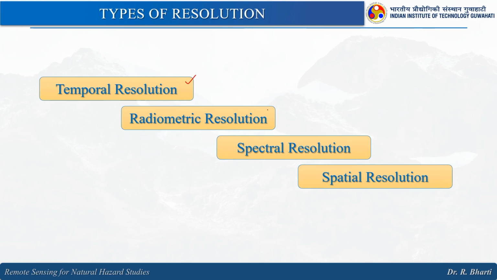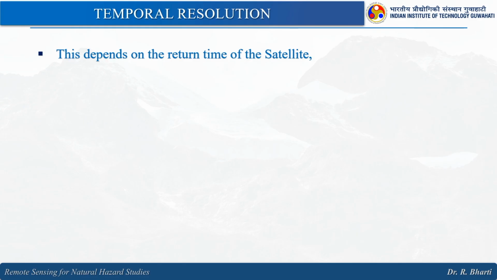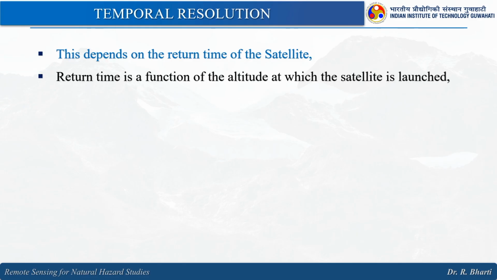So, the first one is the temporal resolution, the second is radiometric, third one is spectral, and the last one is the spatial resolution. So, we will see them one by one and we will try to understand how these concepts are used to identify the appropriate sensor or satellite for your study.